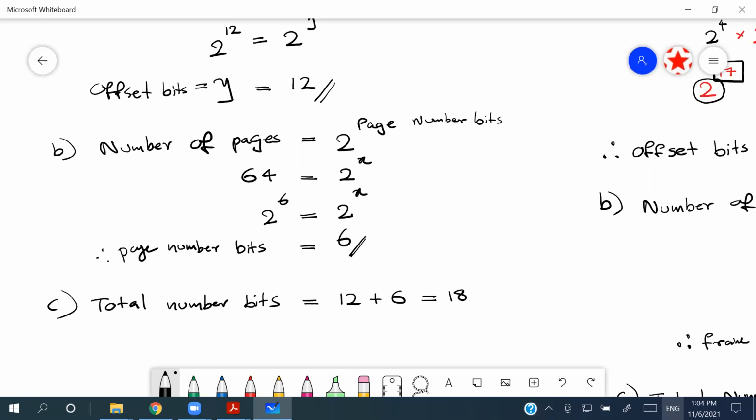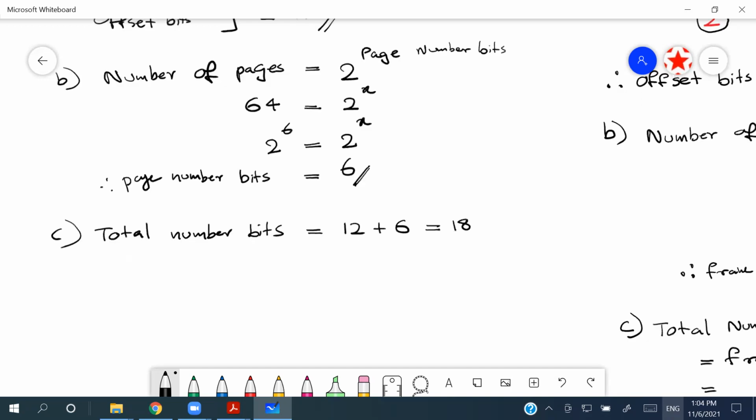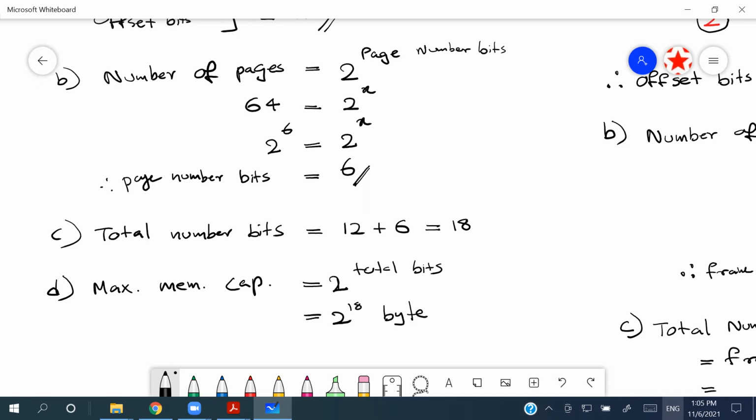Okay, then what they are asking is the maximum memory capacity in megabytes, right? So maximum memory capacity equals 2 to the power total bits. That means 2 to the power 18. This comes as bytes.